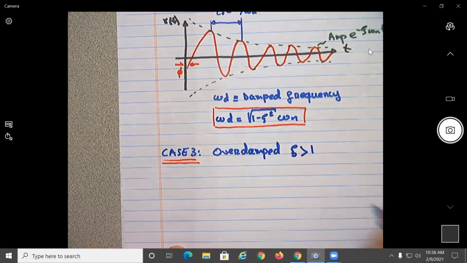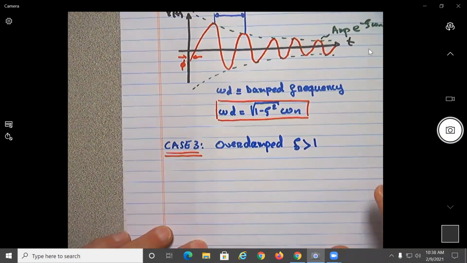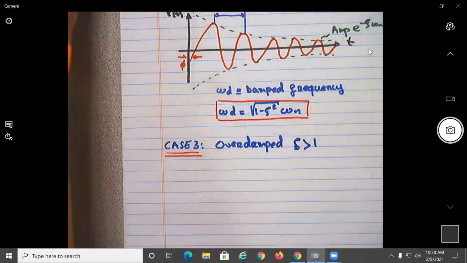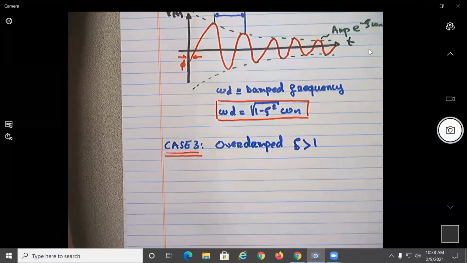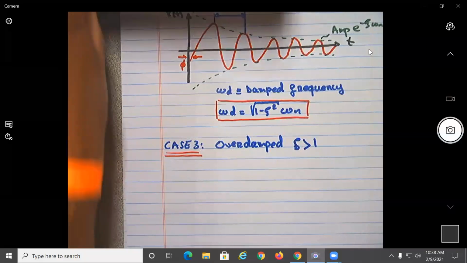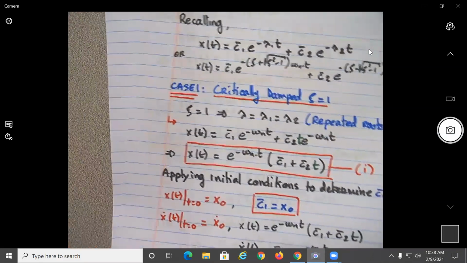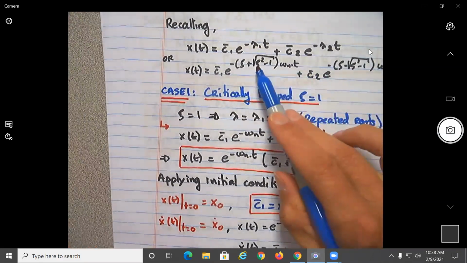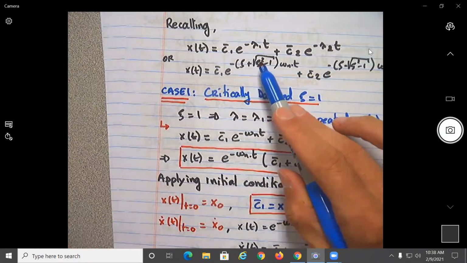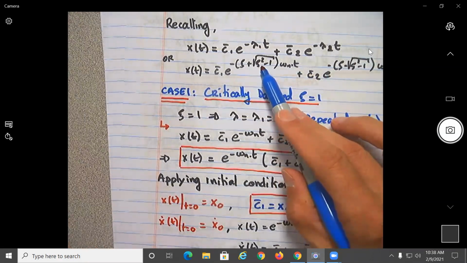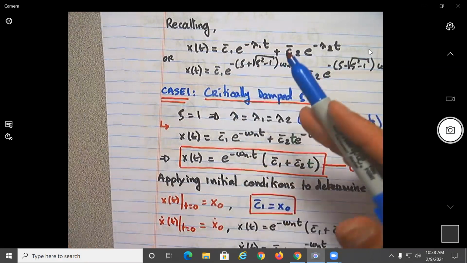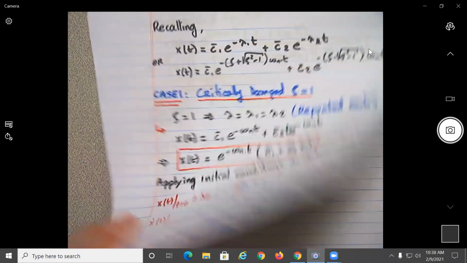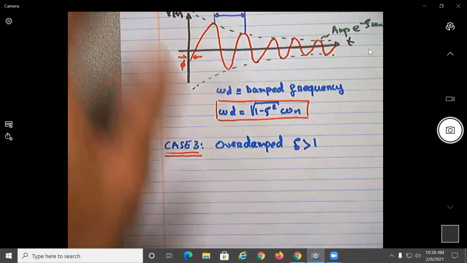So when the damping ratio is higher than 1, what's going to happen to this term? The one under the square root is going to be positive, no? So instead of having two complex roots, we're going to have two real roots. And basically the rest will be the same procedure.